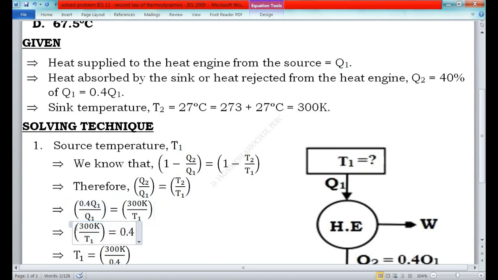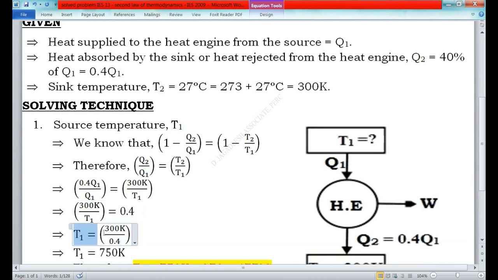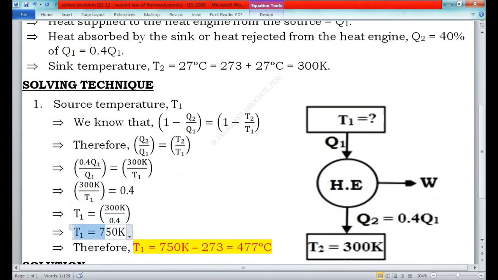So 300 Kelvin divided by T1 will be equal to 0.4. Now bring this T1 to the RHS and 0.4 to the denominator of the LHS. We get T1 is equal to 300 Kelvin divided by 0.4. So 300 Kelvin divided by 0.4 is 750 Kelvin. So T1 is equal to 750 Kelvin.